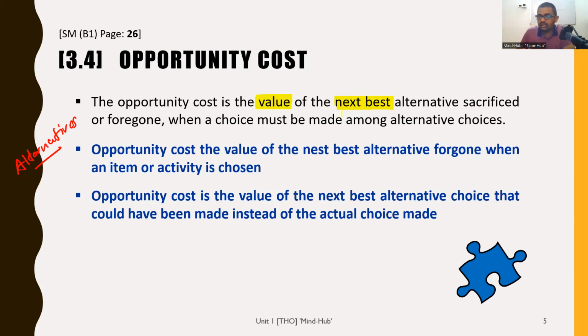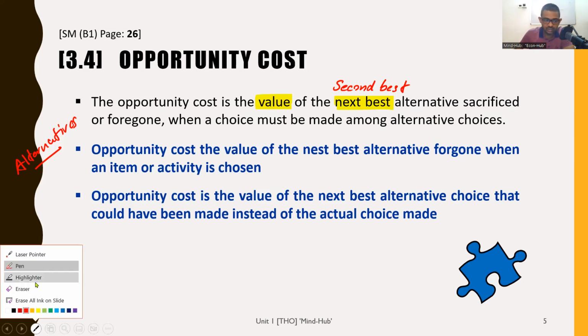So a very important thing when we understand the concept of opportunity cost is that it only focuses on the value of the next best. Sometimes instead of the word next best, we use the term second best, so I'll write that too because it's commonly used. We say next best or second best alternative.